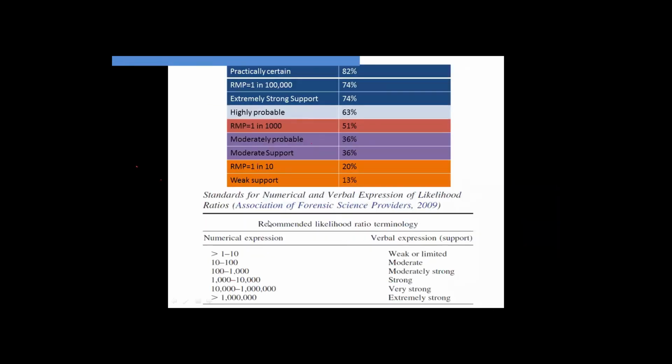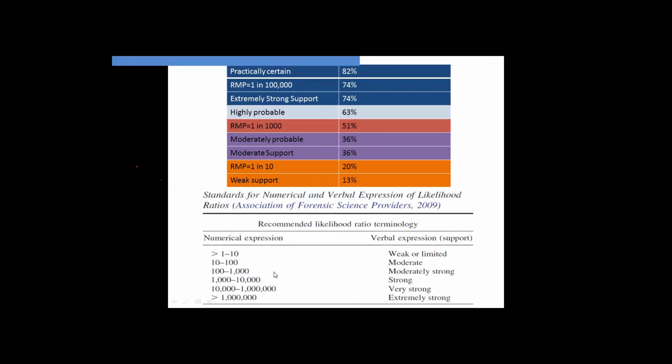So the value of these studies is it shows you roughly how people rank different kinds of statements. It's also possible to compare the way that people rank the statements in this study with the recommended verbal terminology for likelihood ratios that have been put out by groups. This is from the Association of Forensic Science Service Providers. They came up with a set of verbal labels to correspond with likelihood ratios.